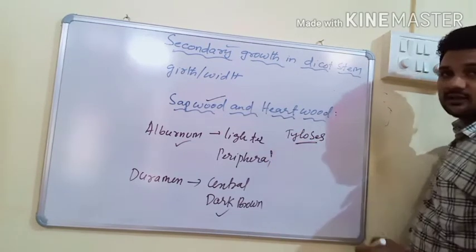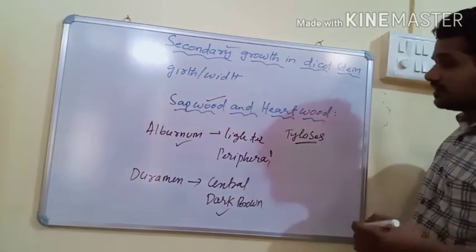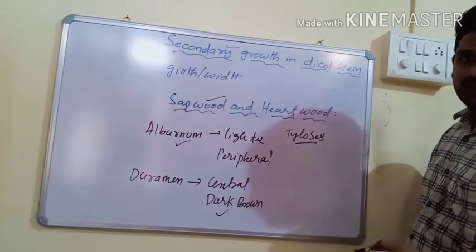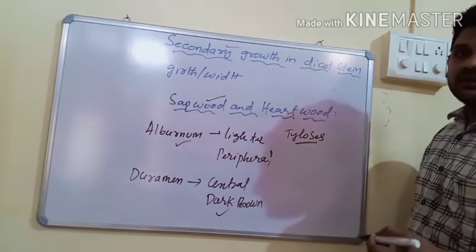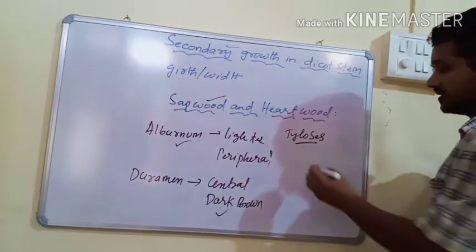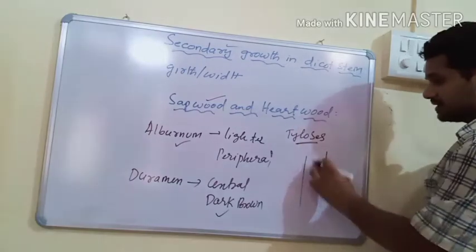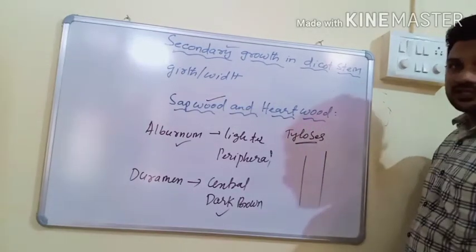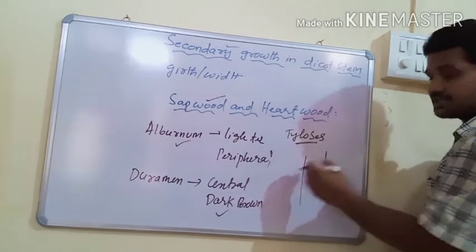So what are tyloses? If you remember, what are the components of xylem? Vessels, tracheids, xylem parenchyma and xylem fiber. If you think this is a xylem vessel, then adjacent xylem parenchyma is present.